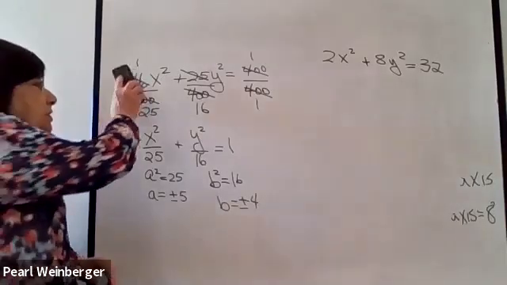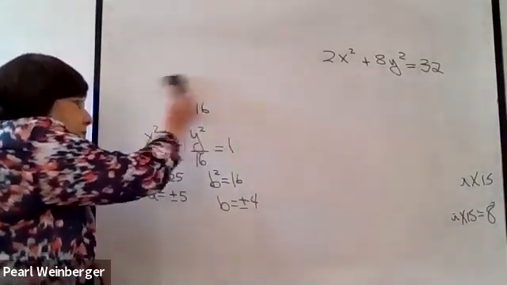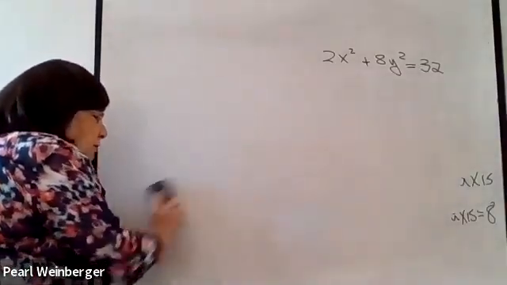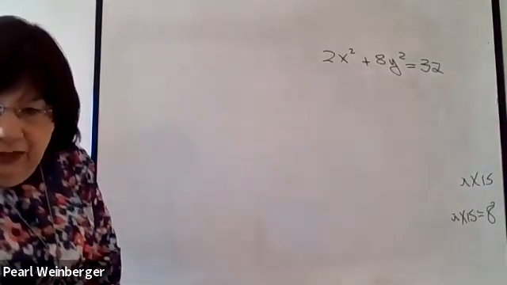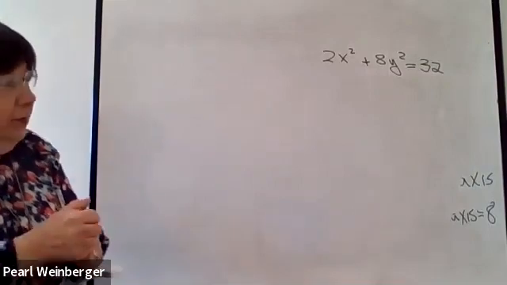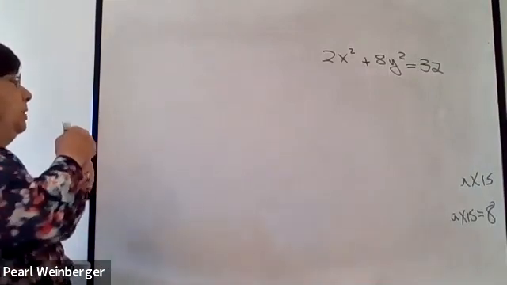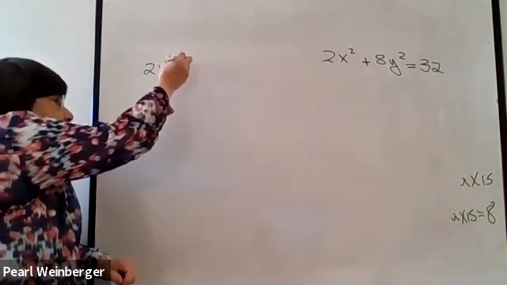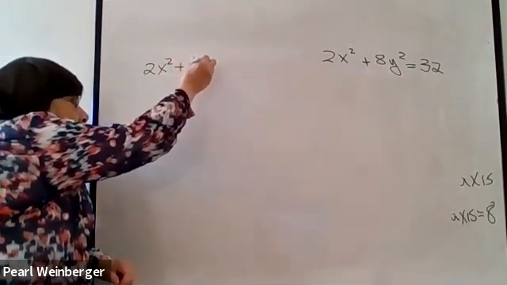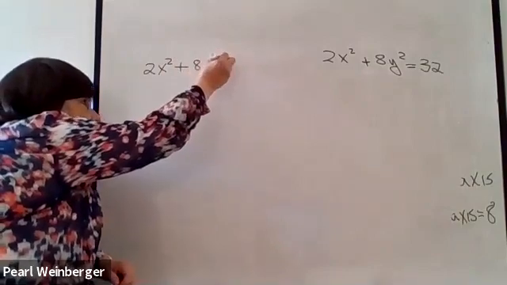Thank you. You're welcome. Okay, so let's look at this now and see if we can. I see a bunch of people have already done it. Okay, so here's the equation that they gave me: 2x squared plus 8y squared equals 32.